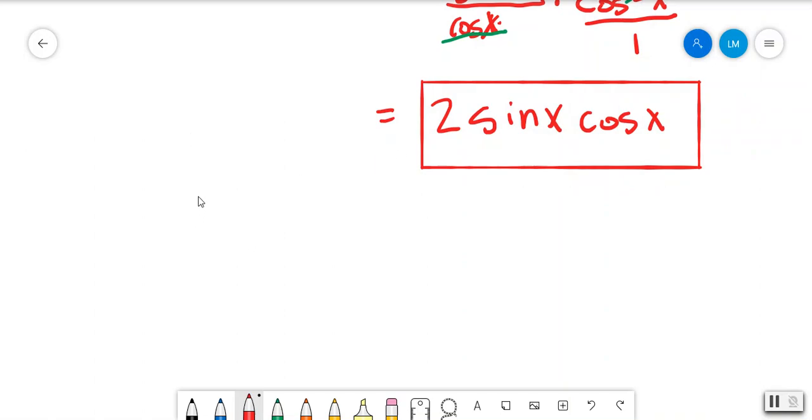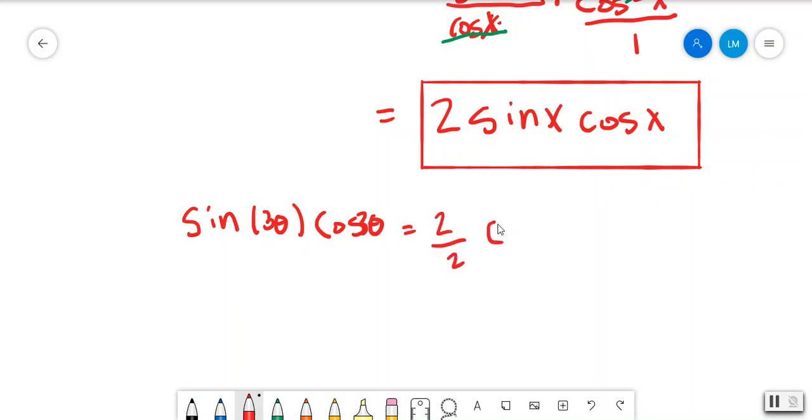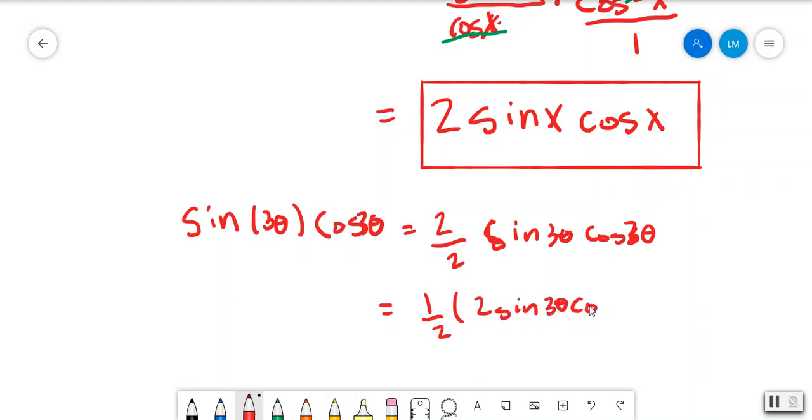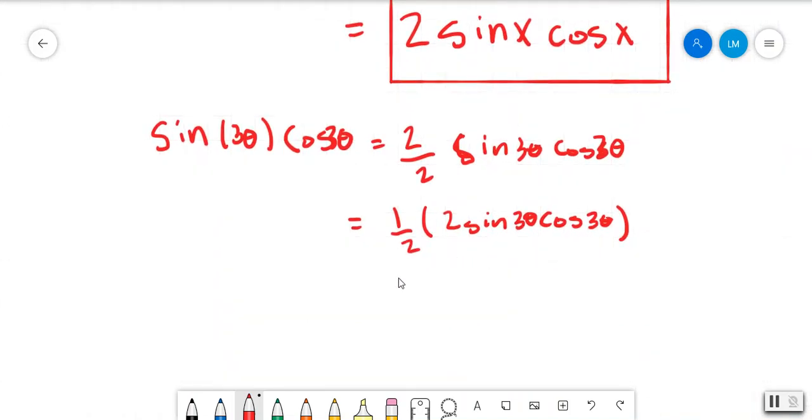For instance, if you have sine of 3 theta times cosine of 3 theta, this is the same thing as saying 2 over 2 times sine of 3 theta cosine of 3 theta, which equals 1/2 of 2 sine 3 theta cosine 3 theta, and this just gives you 1/2 of sine of, that's going to be double, so 6 theta.